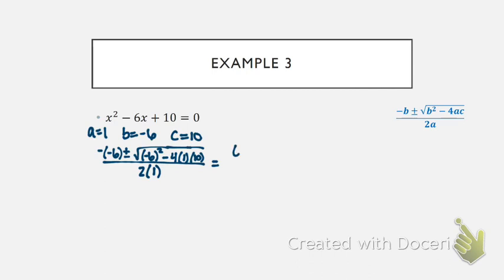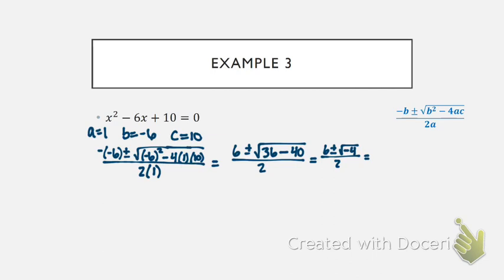And negative 6 is 6 plus or minus the square root of 36 minus 40 all over 2. Then we have 6 plus or minus the square root of negative 4 over 2.